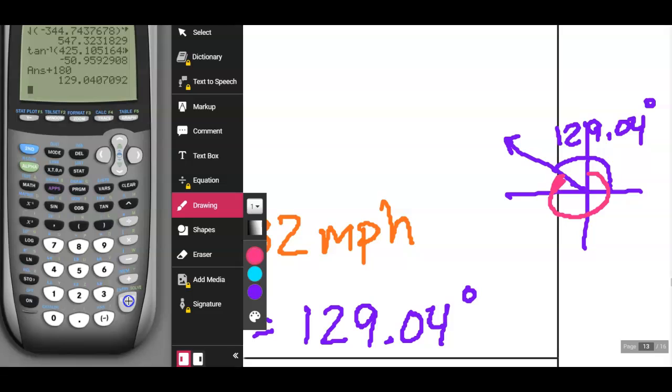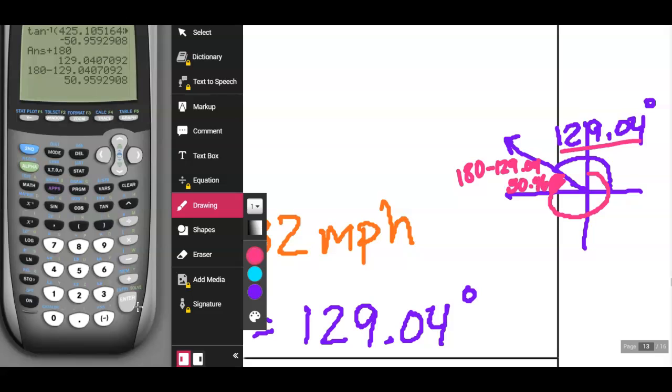To figure out what that little bit more is, all you have to do is take 180 and subtract our direction angle, because together, the direction angle and this little bit make a 180-degree angle. So we have 180 take away our direction angle, 50.96.